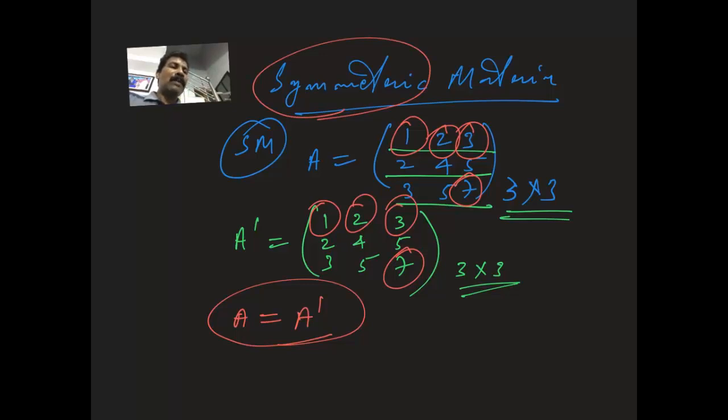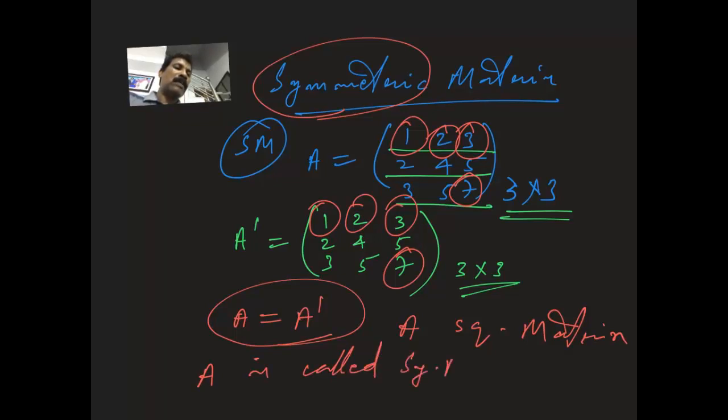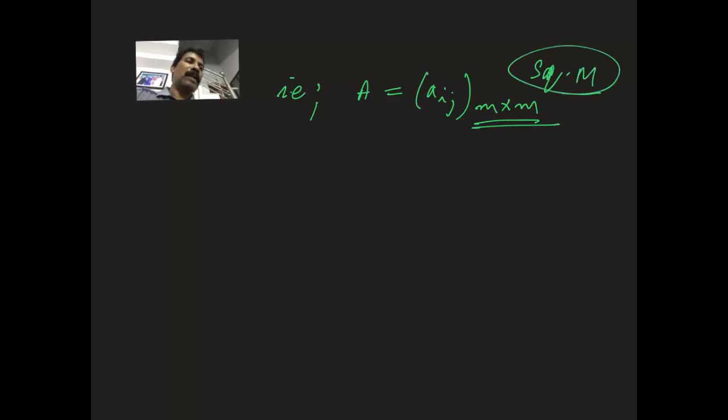So a square matrix capital A is called a symmetric matrix if A dash is equal to A. That is, if capital A is equal to Aij, a square matrix of order m by m. Why m by m? Because it is a square matrix. Then A dash, what is A dash?